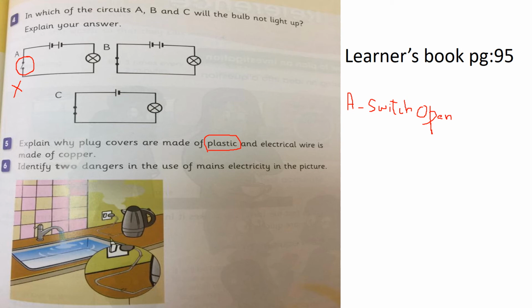In a kitchen you use the electric kettle, the wire, the sink, everything is there. In main electricity, the range is more than 100 volt, till 240 volt.